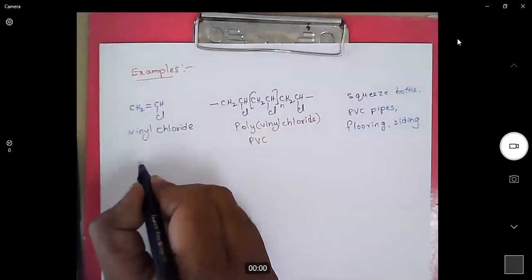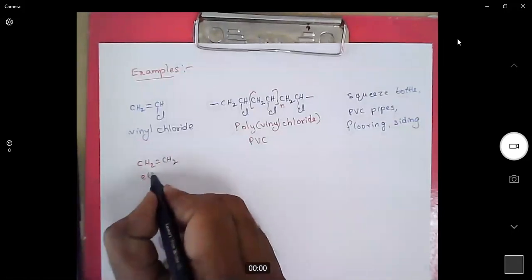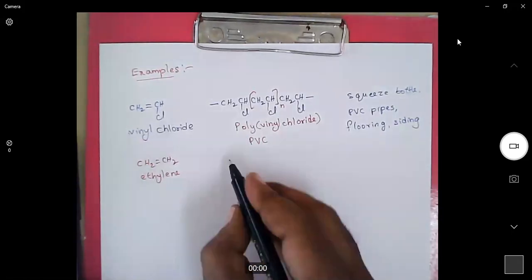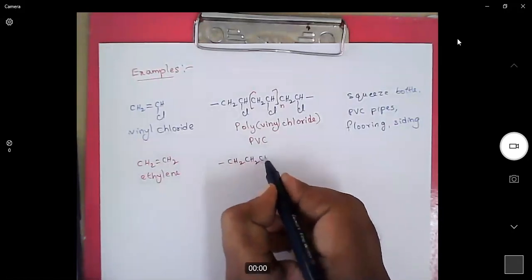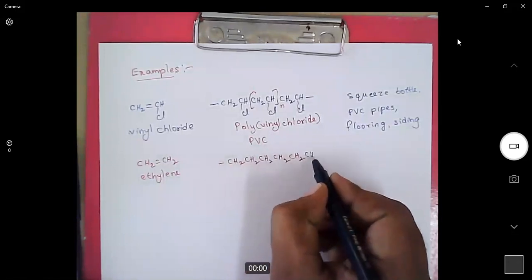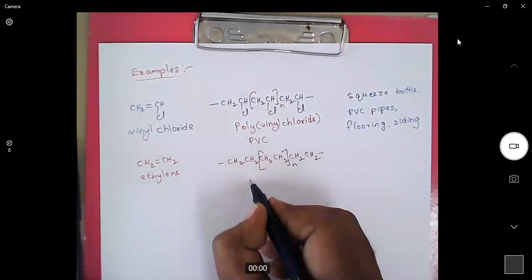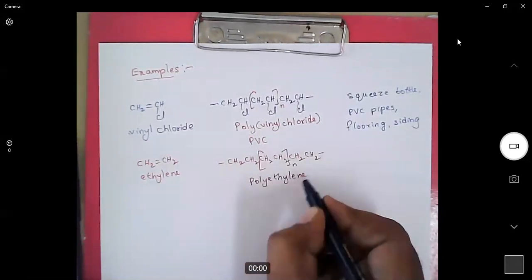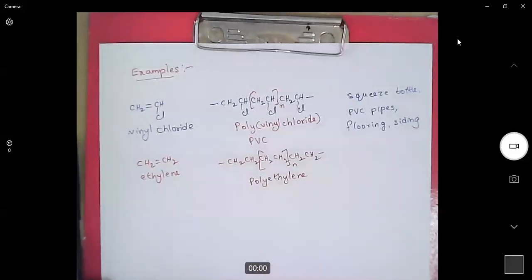The simplest molecule is ethylene. When we do polymerization, ethylene generates polyethylene. If I say polyethylene, you may not recognize it, but if I say polythene, you will simply recognize it.